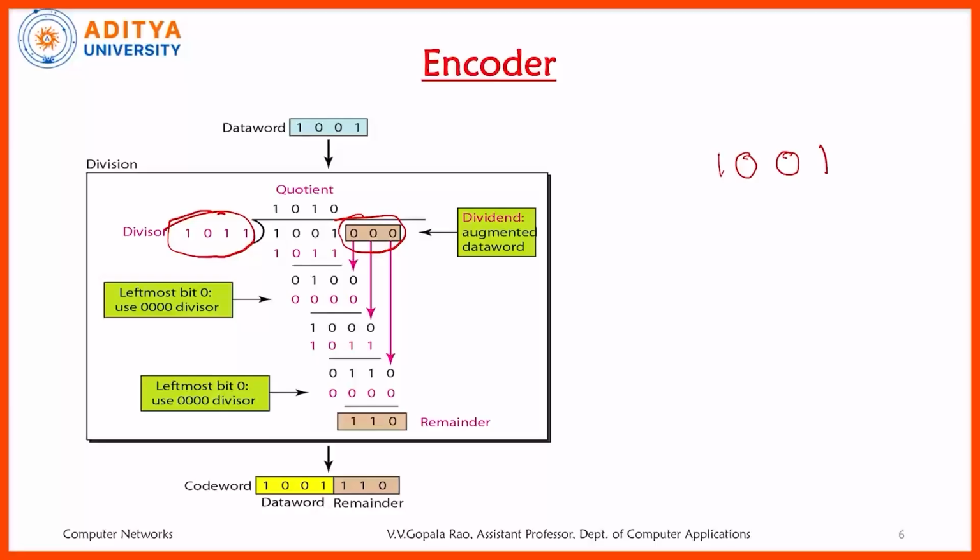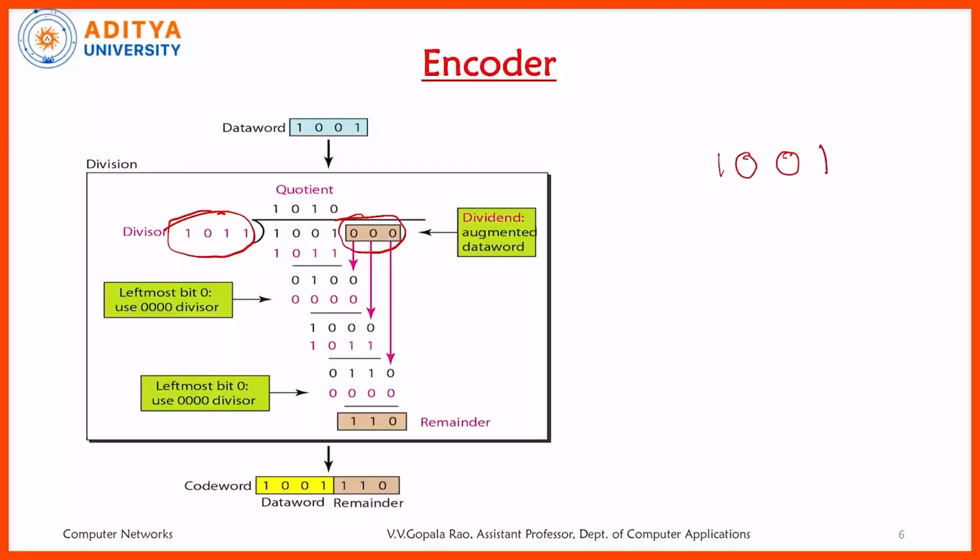So 3 zeros are added. Suppose the divisor is 5 bits, then you have to add 4 zeros. If the divisor is 3 bits, you have to add 2 zeros. So it is purely based on the size of the divisor. Because of 4 bits, you have to add 3 zeros at the rightmost side of the data word.